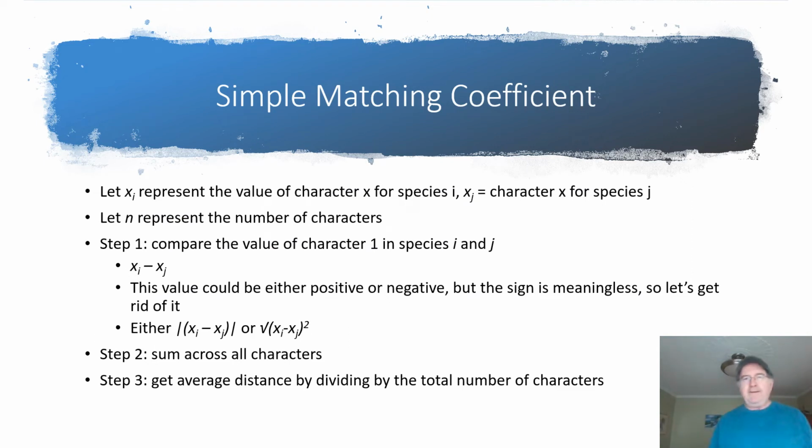So we'll probably want to express our similarity index in a slightly more formal way. Again, we're still basically dealing with binary characters here. But if we let x represent a character, and x sub i be the character state for character x in species i, and x sub j be the value of the character state for character x for species j, and let n be the number of characters.